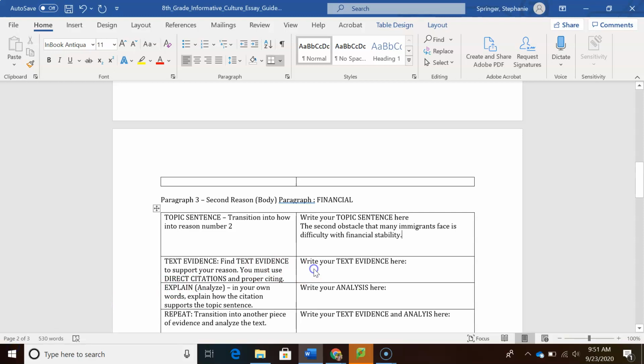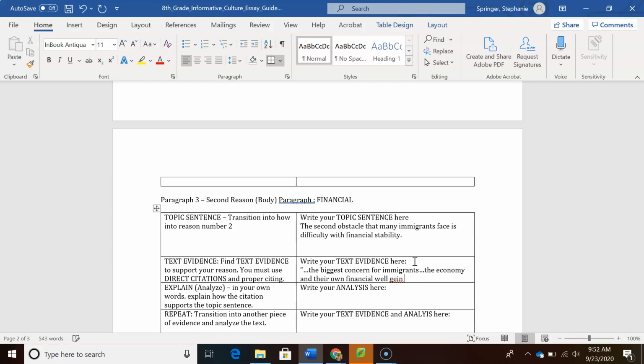All right, so with the text evidence that I'm going to bring in here, I'm going to take something from A Place to Call Home. And the citation that I'm going to use is the biggest concern for immigrants, the economy, and their own financial well-being.